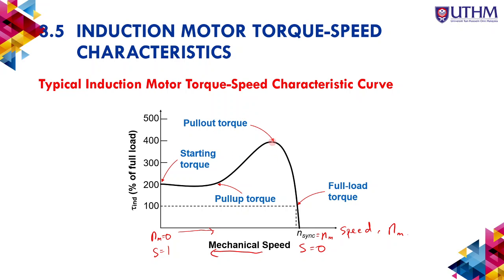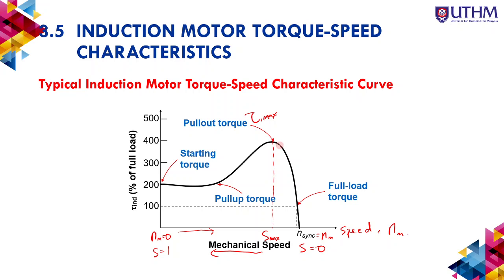At this point, the value of slip is called s max. For sure, the value of s max is not the highest value of slip, but it happens at the maximum torque, so they call it s max.